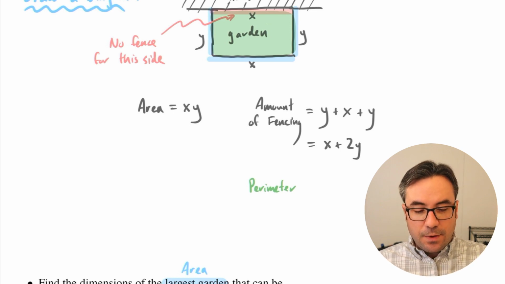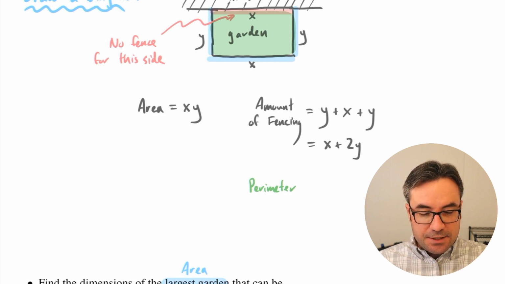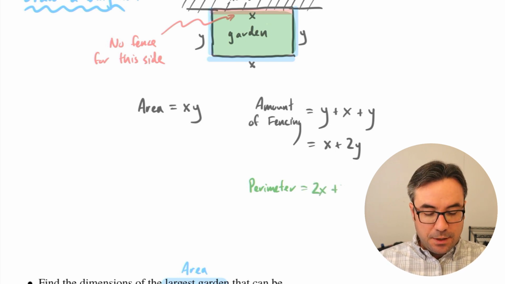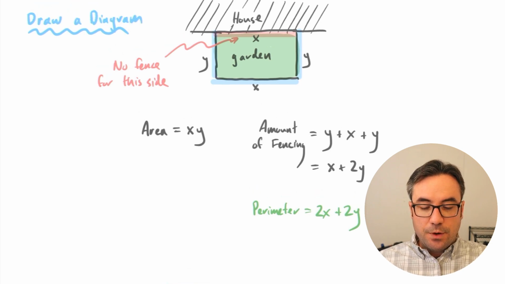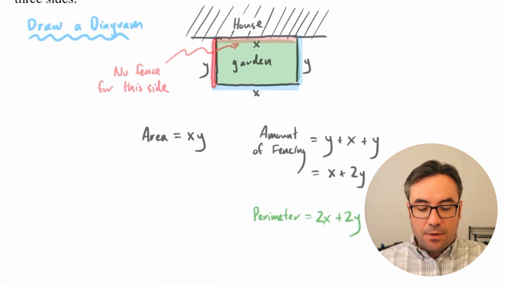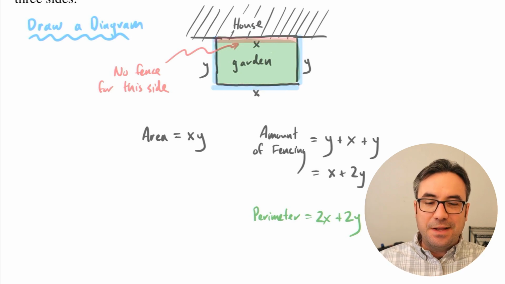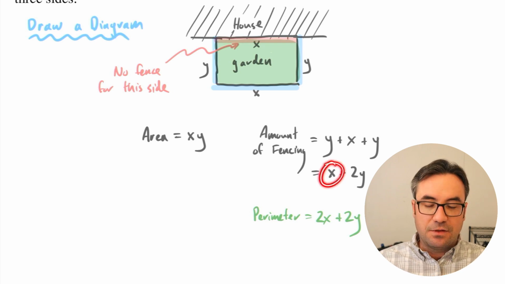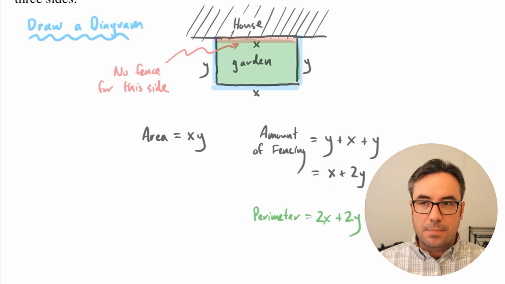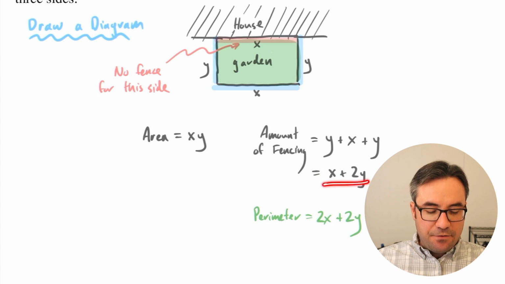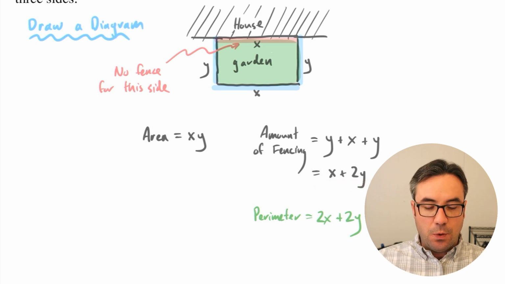So the perimeter of a rectangle is just 2x plus 2y. And so what you're doing with perimeter is you're just adding up all the lengths here. But for the amount of fencing, we didn't actually need a fencing for this one side, so we've left that out.